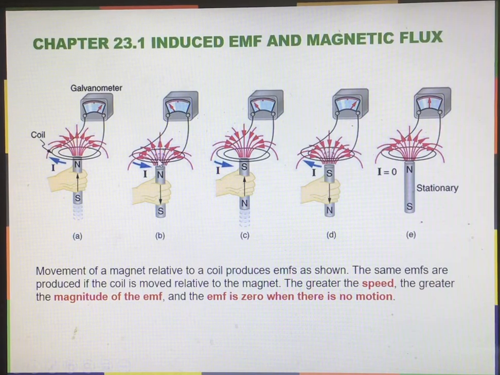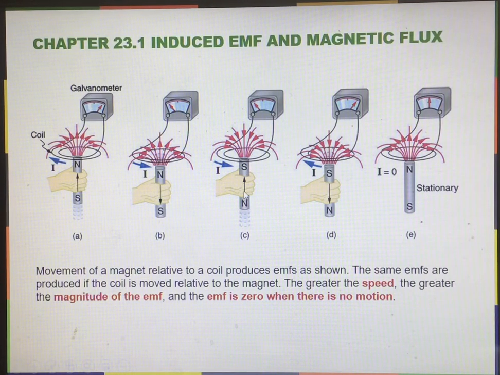Now, if you repeat the same experiment, but this time moving the bar magnet down, then you induce a current in the coil that is pointing in the clockwise direction, and this will cause the galvanometer to deflect to the left.